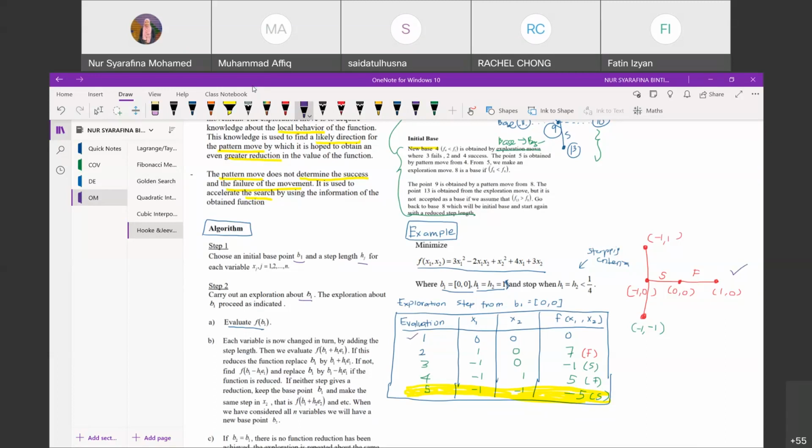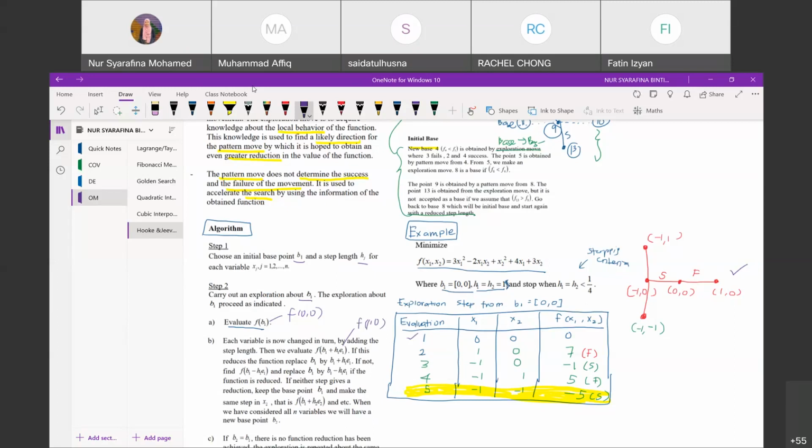By the movement process in exploration mode, by adding the step length. Then we evaluate this one. This one is F(0,0). F(B1 plus H1), this one is F(1,0). If this reduces the function, it is replaced by B1, okay?